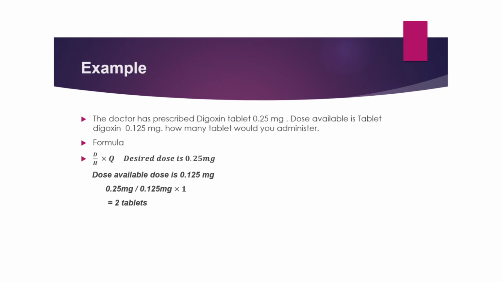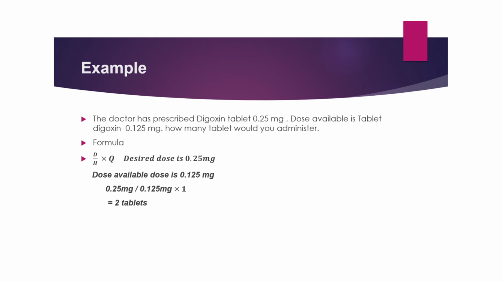Let's take an example. The doctor has prescribed digoxin tablet 0.25 mg and the available dose is tablet digoxin 0.125 mg. How many tablets would you administer?